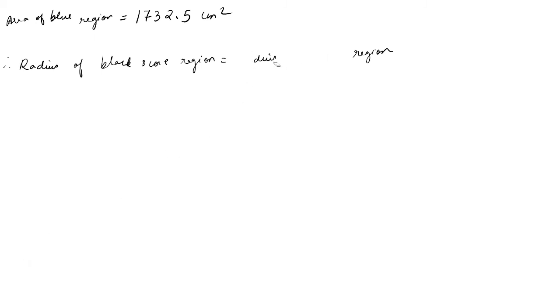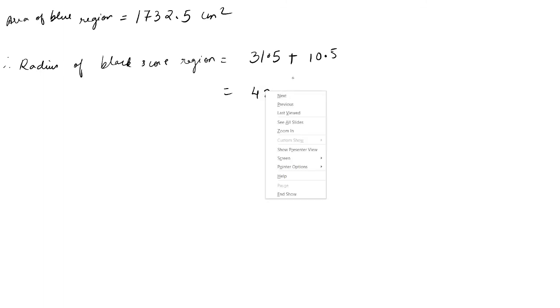Or instead of that, let's just write this as 31.5 plus 10.5. Clear? So you will be getting this as 42. Clear with this? So that is the radius of the black region.